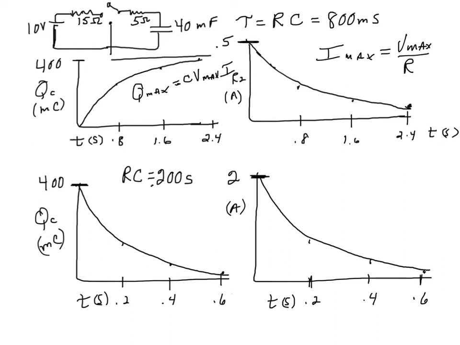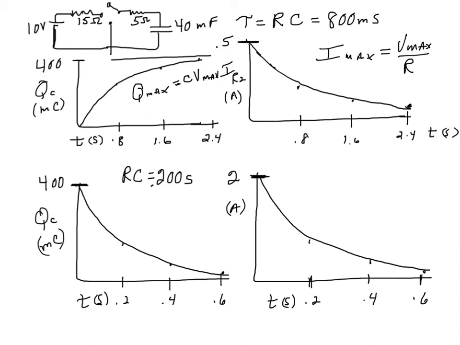And as the voltage across the capacitor rises to 10 volts, the voltage across the resistors will fall to 0 volts. And at any point during the charging, the sum of the voltages across the resistor and the capacitor will equal 10 volts by Kirchhoff's voltage rule.